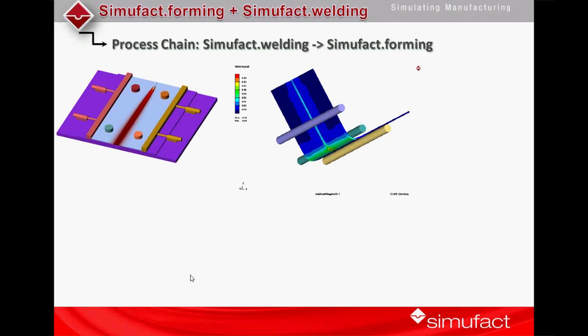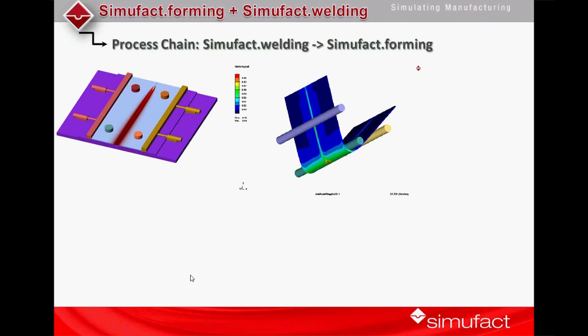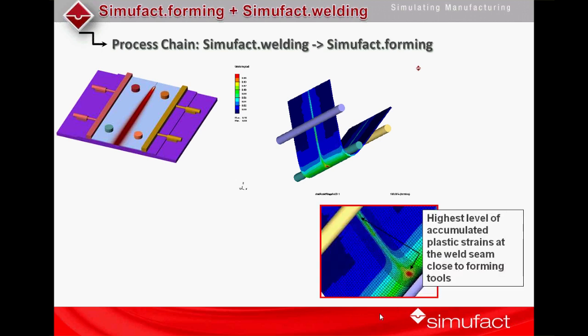Here a simple 3-point bending. But if you have a process where you have to straighten your part afterwards or you have to further bend it, then by these chaining operations, you can study the accumulation of stresses and strains from the whole manufacturing process.